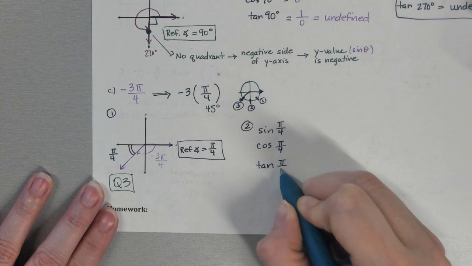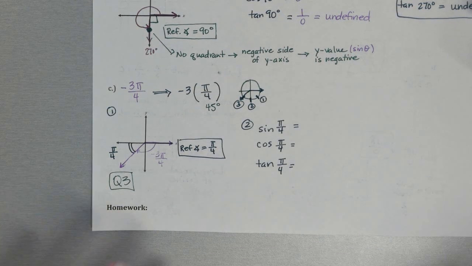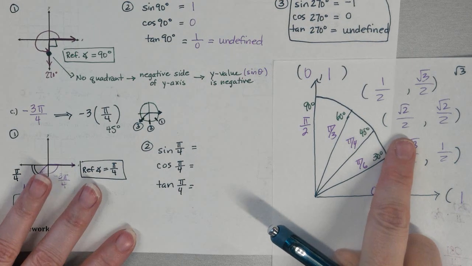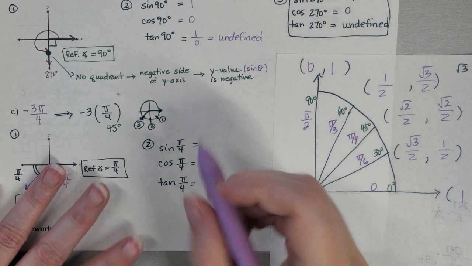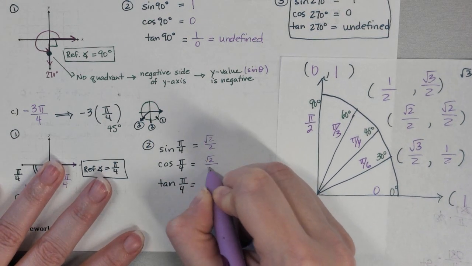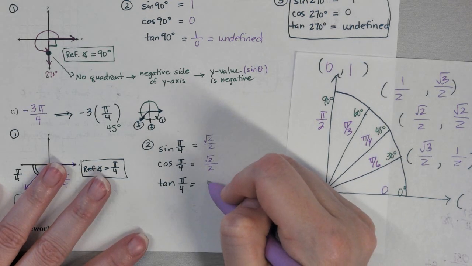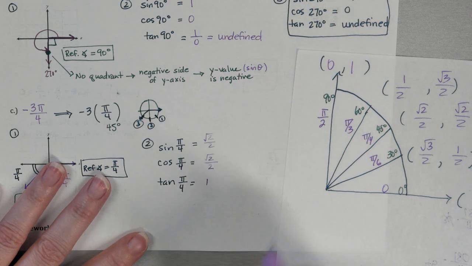So pi over 4 is the same thing as 45 degrees. So again, we can just use our first quadrant. The sine and the cosine are the same. They're both root 2 over 2, root 2 over 2. What's the tangent at pi over 4? 1.